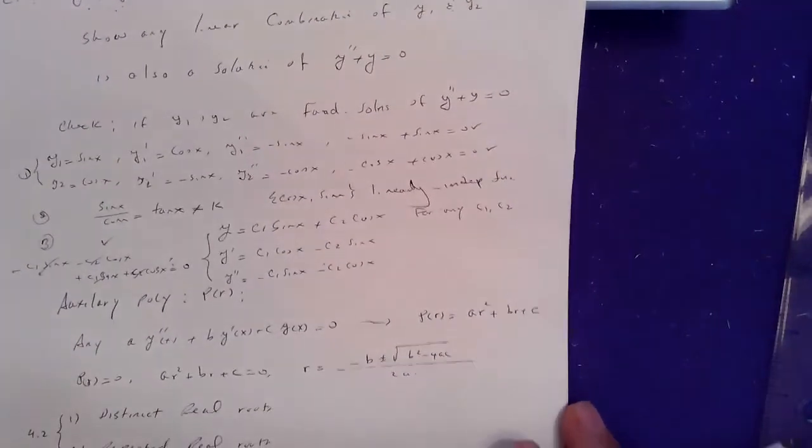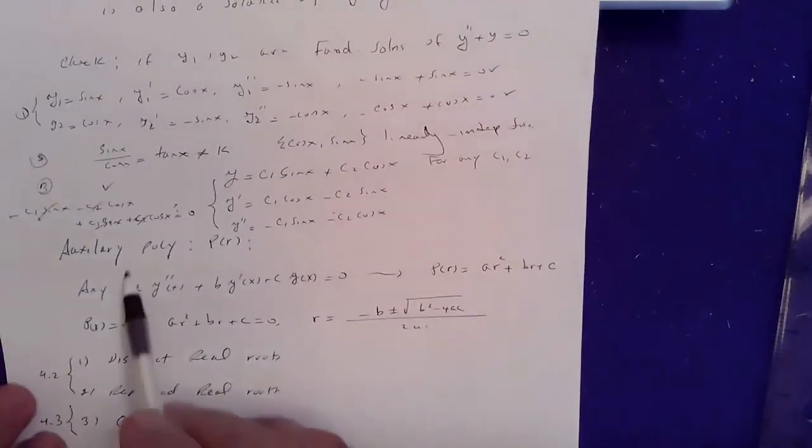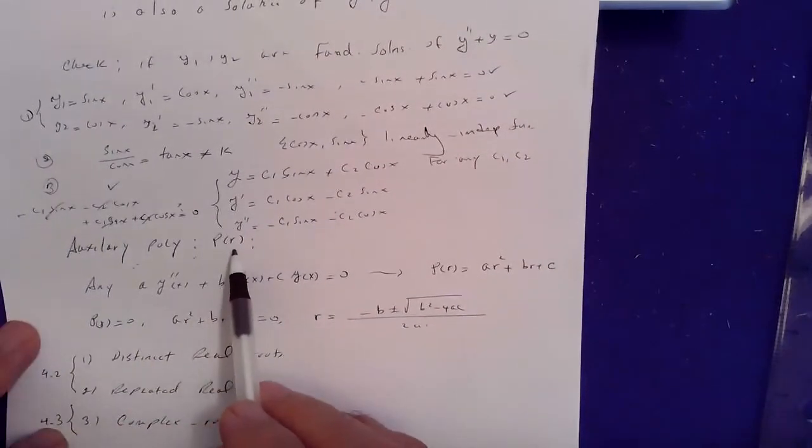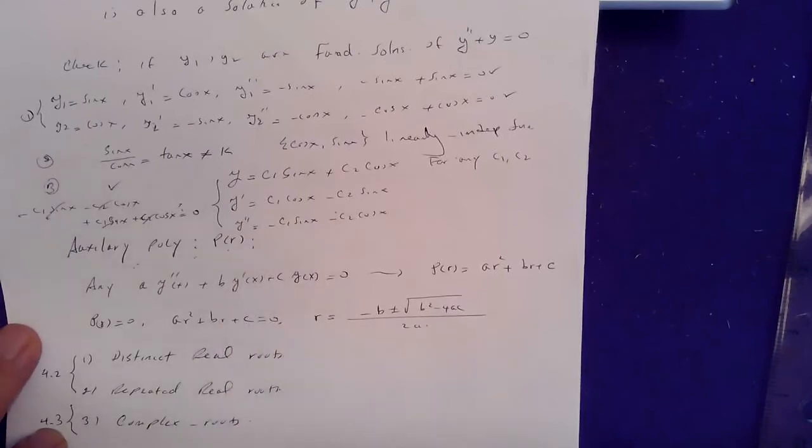The next item we'd like to go over is called the auxiliary polynomial, which is denoted by P of r. The roots of this auxiliary polynomial enable us to find the solution for these second-order homogeneous differential equations with constant coefficients.